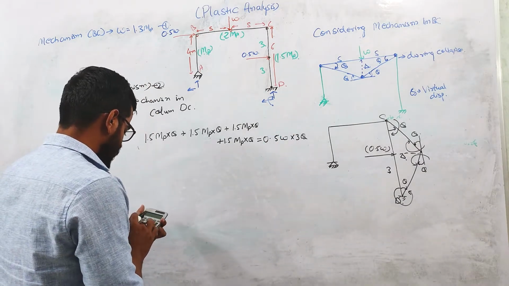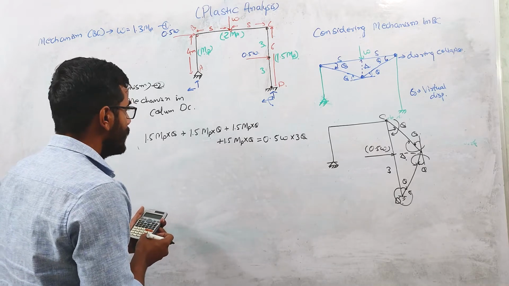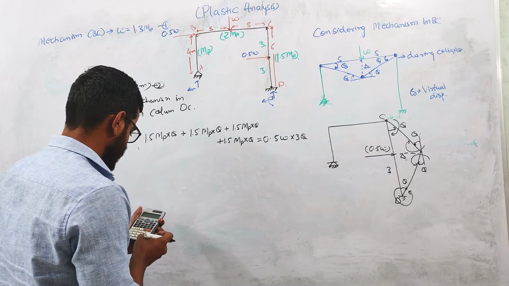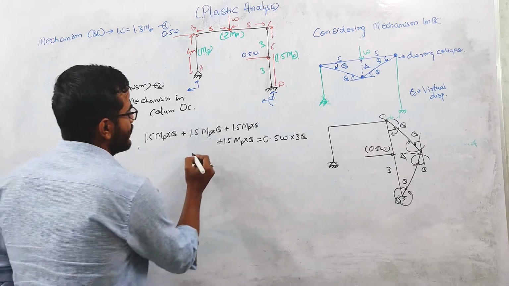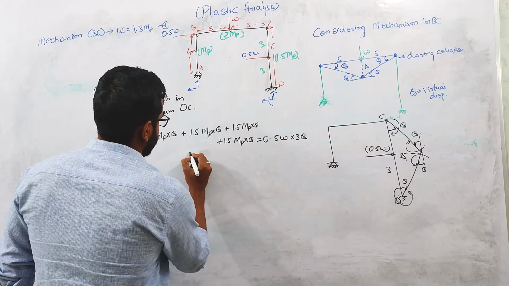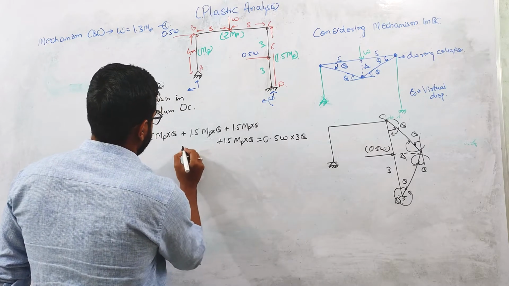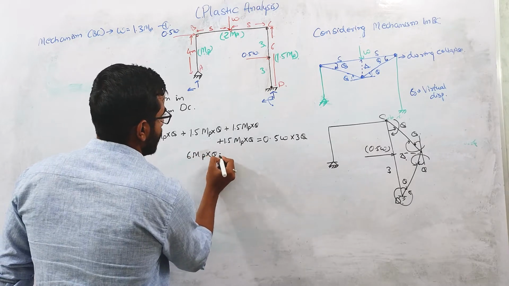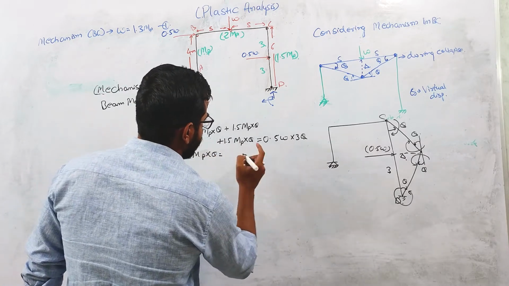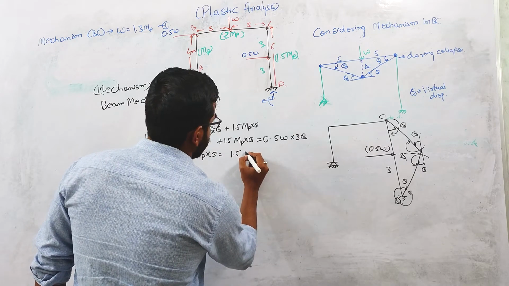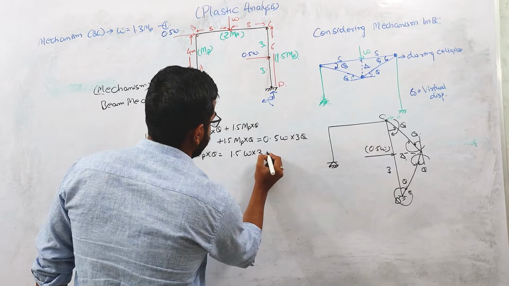So 6 mp theta equals 1.5 W theta... 6 mp theta equals 1.5 W into 3 theta.